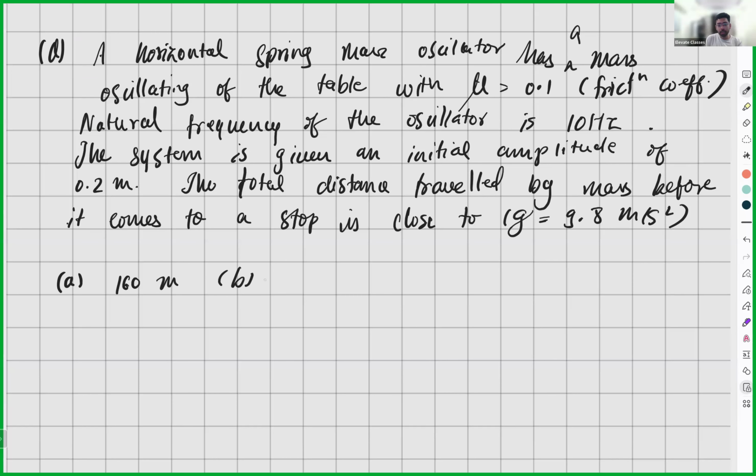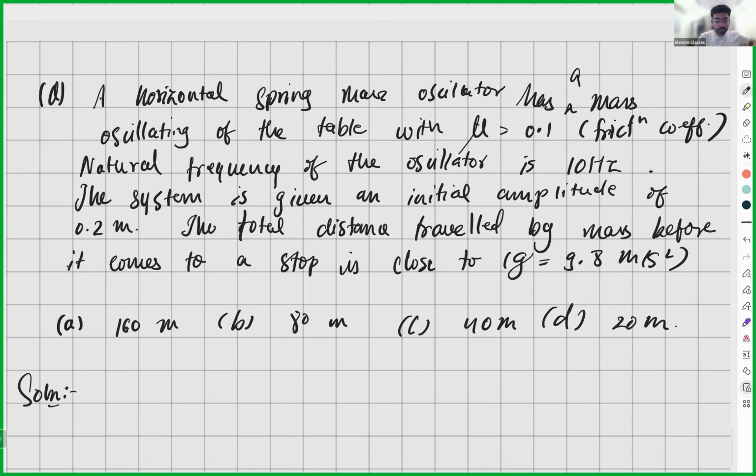The options are: A 160 meters, B 80 meters, C 40 meters, D 20 meters. Now, because this is an illustrative example, I'll solve it. So in this question, a horizontal spring mass oscillator has a mass oscillating on the table with a friction coefficient of 0.1.